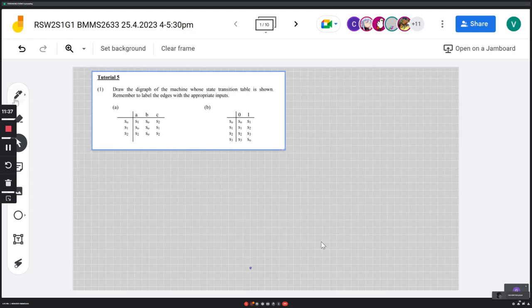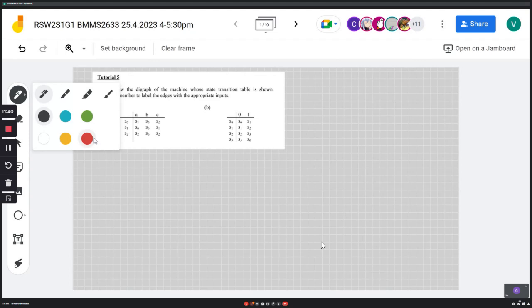Use the pen there. This pen can be used. Then you can draw the diagram.